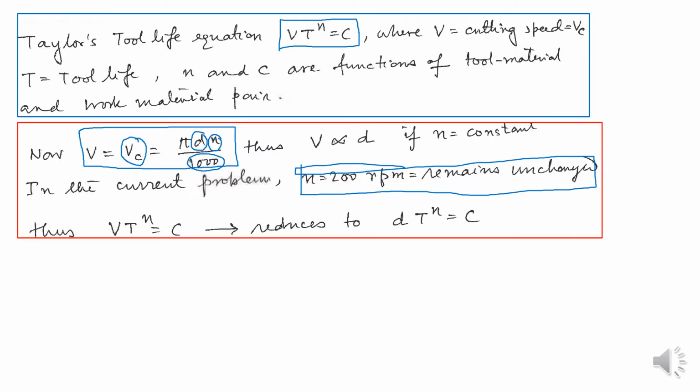So this N remains constant, and thus one can very easily understand that V t to the power n becomes D t to the power n equal to C, because V becomes proportional to D, all other things remaining the same. The exact value of C would change, but that I have not shown here.